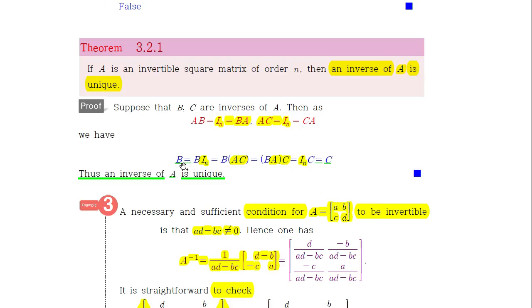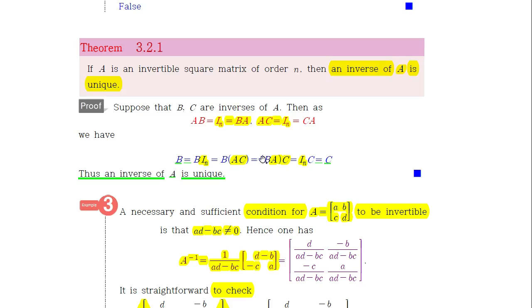Let's show it. Let's start from B, from the left-hand side. Then B is the same as the product of the matrix B times the identity matrix. Then AC is an identity matrix, so we can replace the identity matrix with AC. And matrix multiplication is associative, so we can compute BA first instead of AC, and then multiply C on the right.